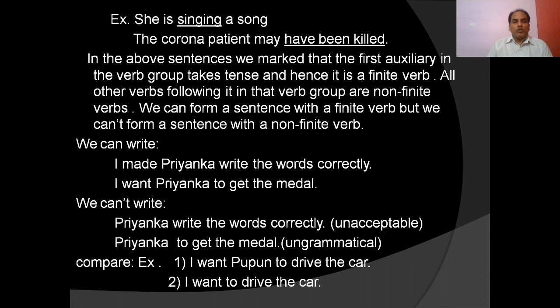All other verbs following it in that verb group are non-finite verbs, as singing and have been killed. We can form a sentence with a finite verb, but we can't form a sentence with a non-finite verb. That is the difference between a finite and a non-finite verb.